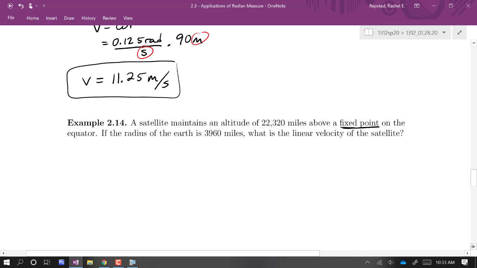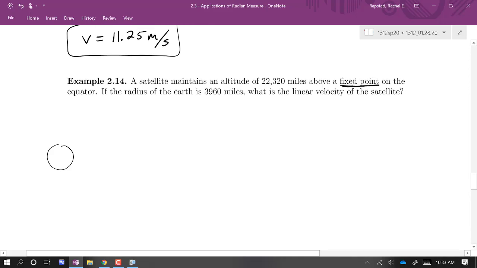So here's the Earth. Here's its radius, and this guy is above the surface of the Earth. There's our satellite. So this distance from the Earth's surface is 22,320 miles. The radius of the Earth is 3,960 miles. R will be both of those combined, because the circles we're talking about both have a center at the center of the Earth.